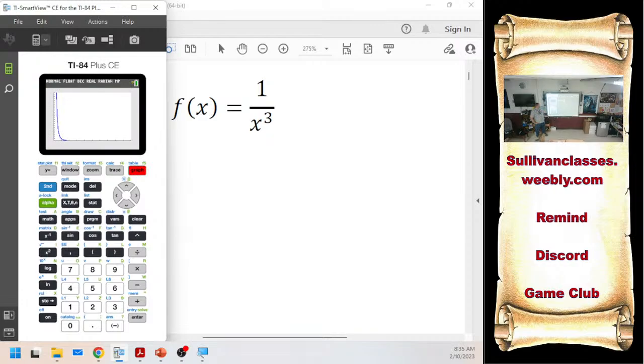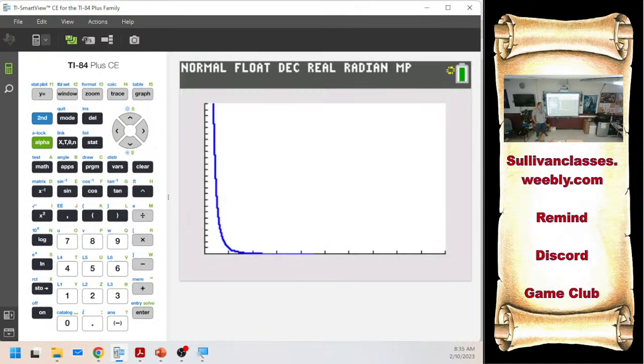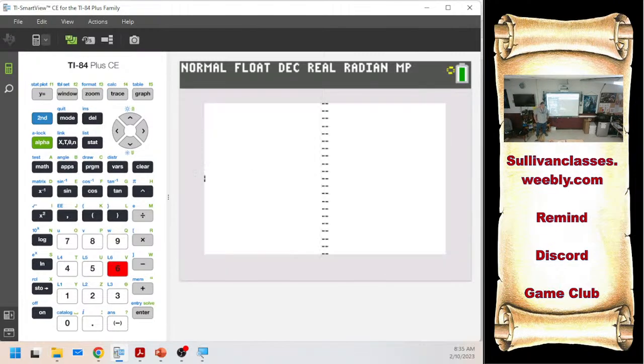Well, that graph looked weird because this is still on our flamethrower candle from the other day. So I need to zoom, standard. This is what my calculator did. 1 over. Oh, I didn't put the minus. Okay.